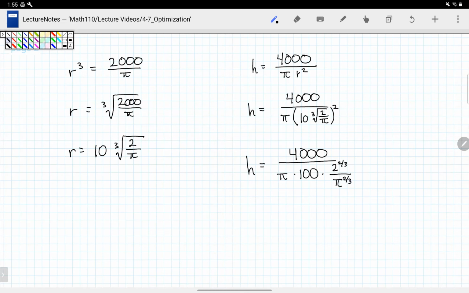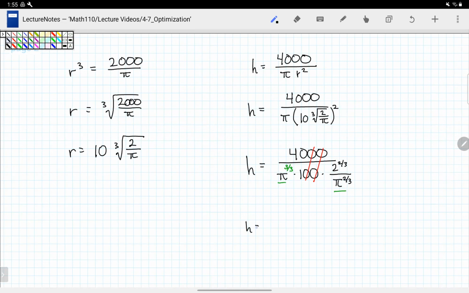And one of the things that allows me to do, I can cancel a factor of 100. And I can also say that pi to the 2/3 cancels with this pi. This is pi to the 3/3. So that means I'm going to cancel those, and I'm going to be left with pi to the 1/3.